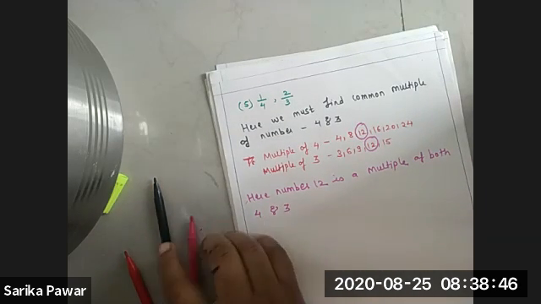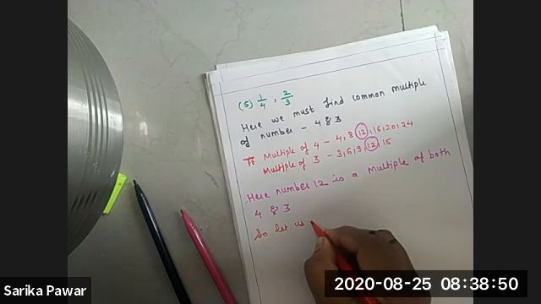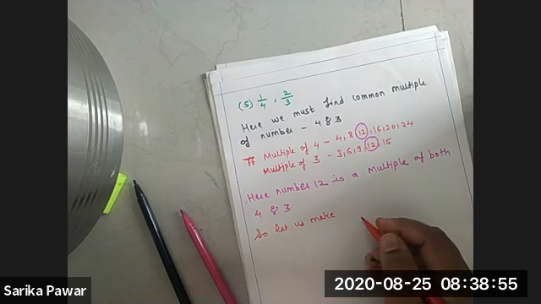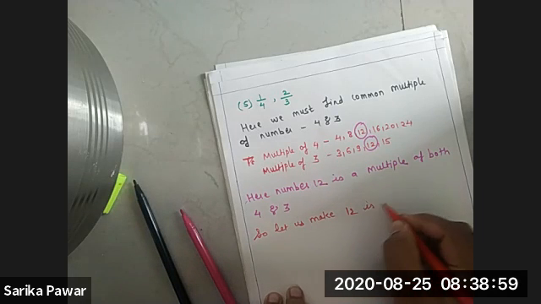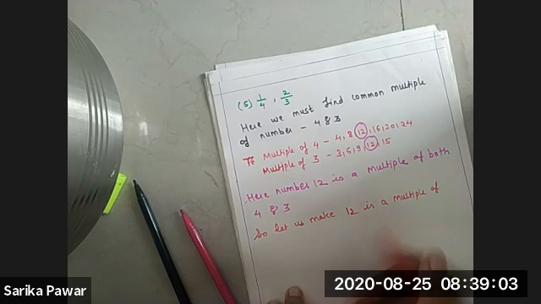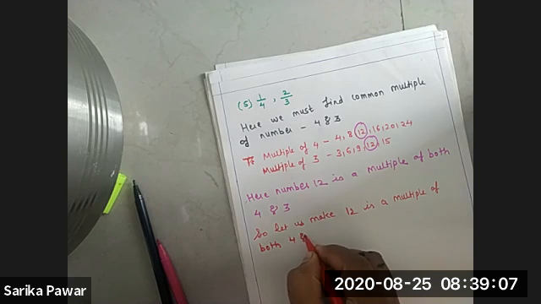So let us make the number 12, which is a multiple of both 4 and 3.